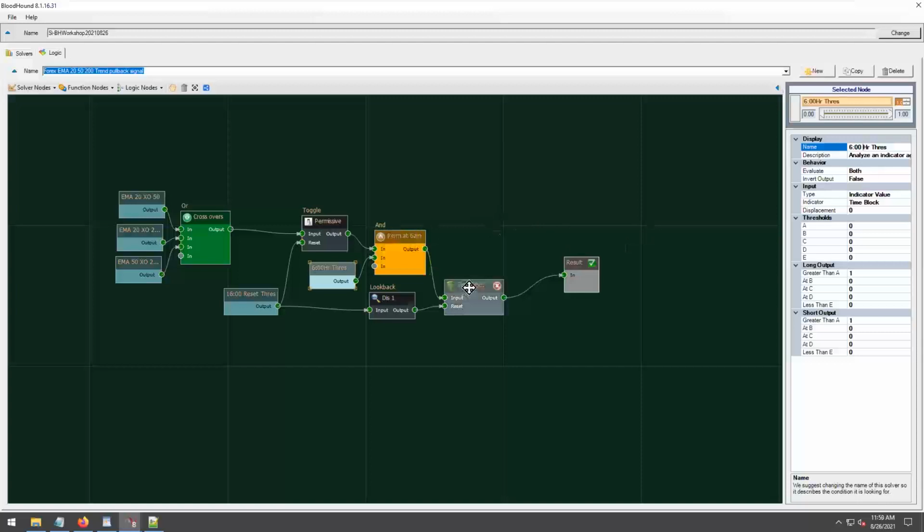And so we know that if we're on a 15-minute chart, there's only so many bars until we get to the 1600-hour mark.